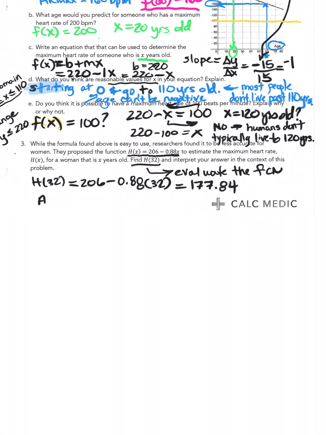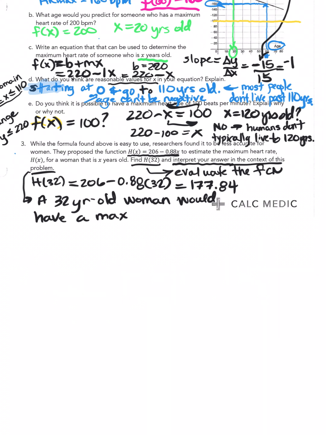That means, because this is where we interpret our answer in the context of this problem, a 32-year-old woman would have a max heart rate of 177.84 beats per minute. Boom.